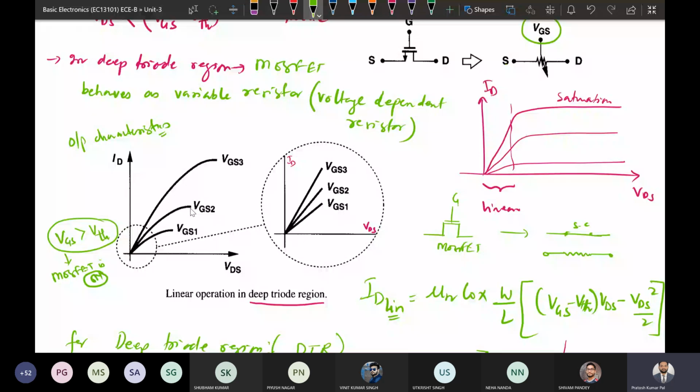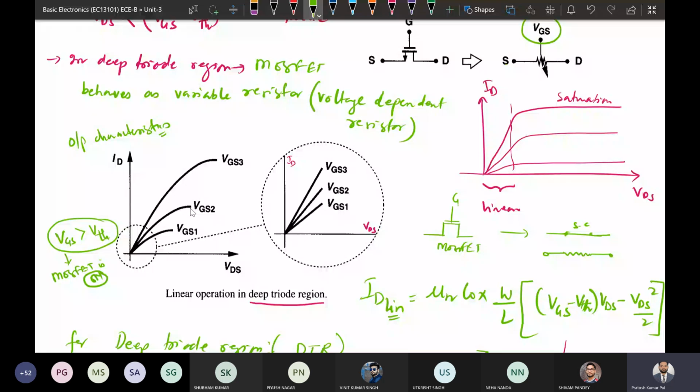And this VGS minus VTH is also called overdrive voltage. The MOSFET requires only VTH to turn on, but if we apply a VGS that is greater than VTH, then VGS minus VTH will be the extra voltage.